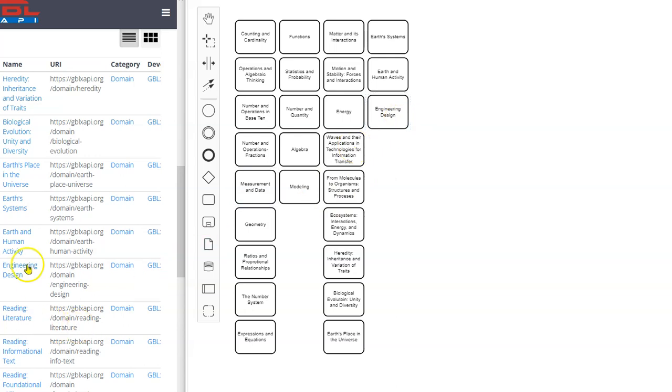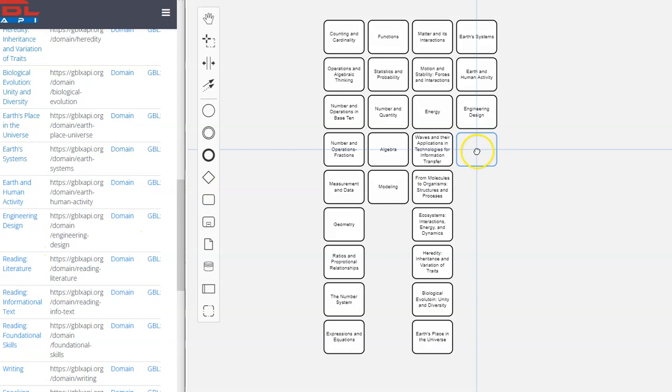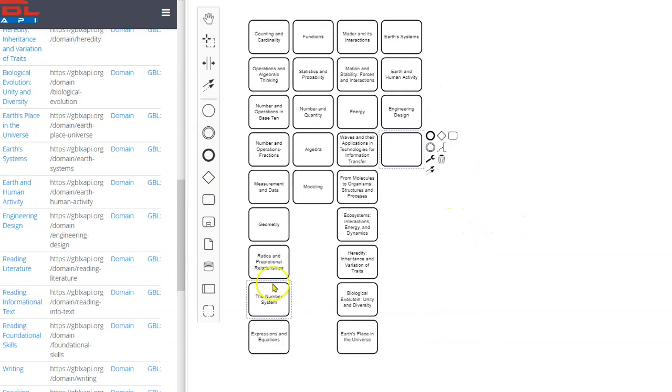Okay, now we're moving on to kind of non-scientific topics, but still excellent, important K through 12 topics. So this one's going to be reading, literature. Now I don't know why they combined these.